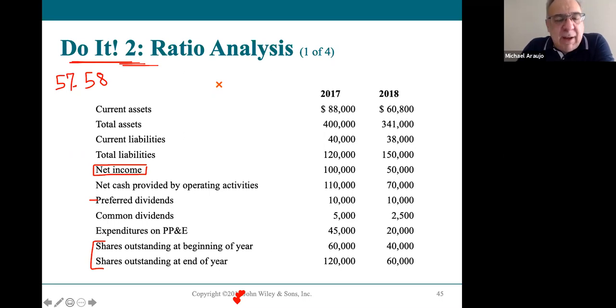For the liquidity ratios, we need two numbers, because it's comparing total current assets and total current liabilities. And for the solvency ratio, which is total debt to total assets, we only need total liabilities and total assets. Those two numbers are the only two we need to calculate the debt to asset ratio that we just looked at.